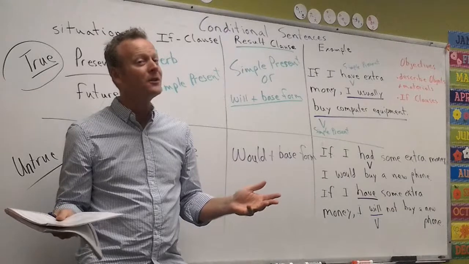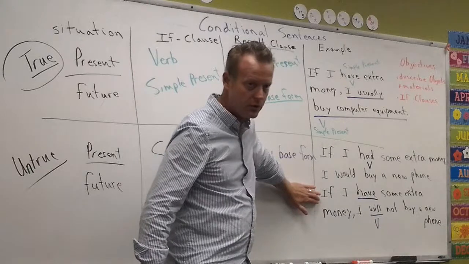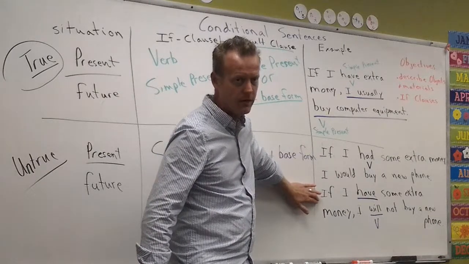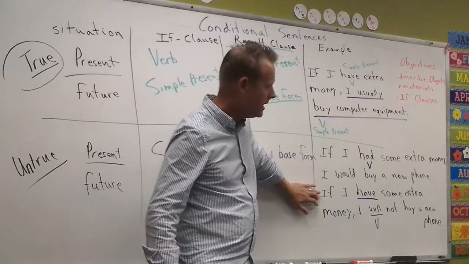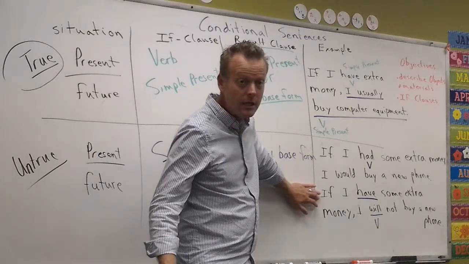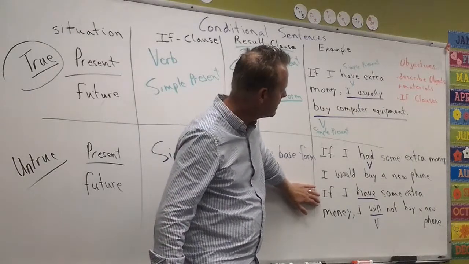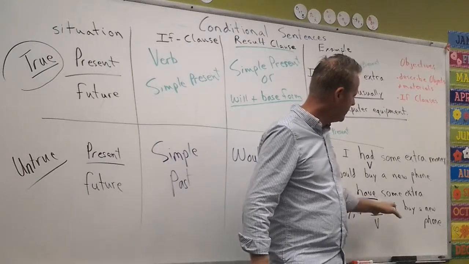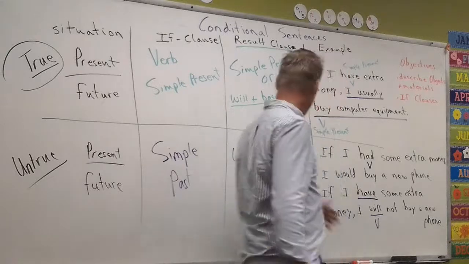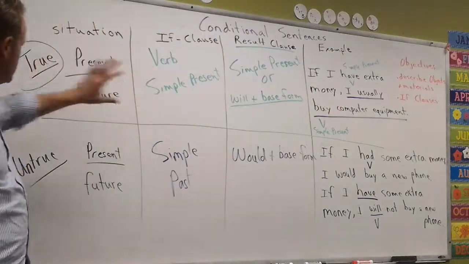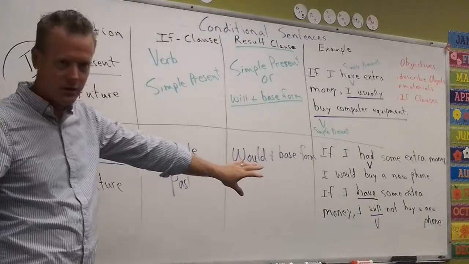So this is what my intentions would be if this were true. If I have some extra money, now I know you don't, but what would you do if you did? If I have some extra money, I will not buy a phone. That's what's going to happen. You're not going to buy a phone. So again, tenses are right. It's a true condition if that's the situation.